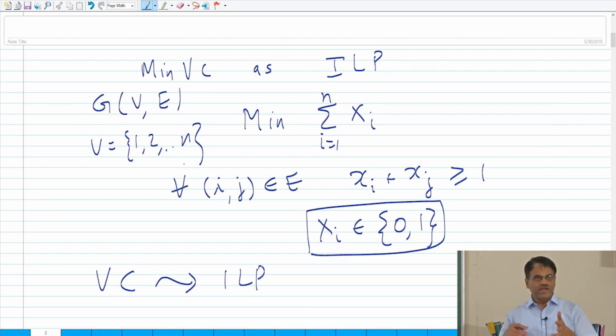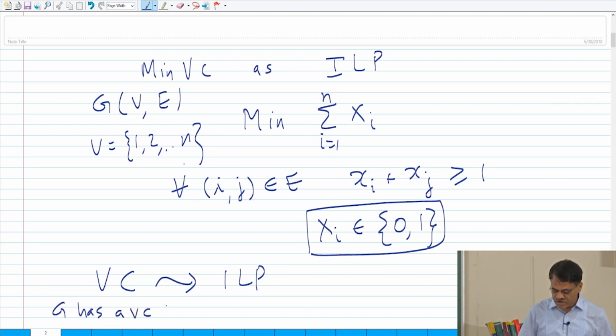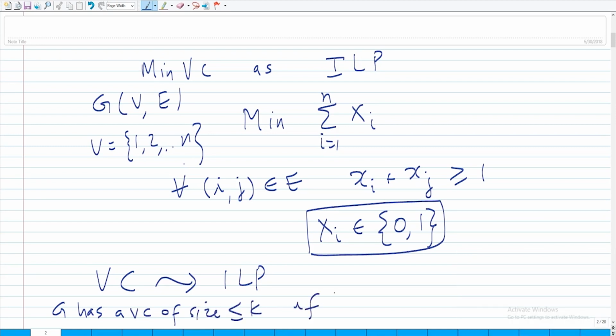We have actually given a reduction from vertex cover to integer linear program. Given a graph, I created an integer linear program such that G has a vertex cover of size at most k if and only if this ILP has value at most k. The decision version of the integer linear program would be, given the integer linear program, is the optimum value at most k, because it is a minimization problem.